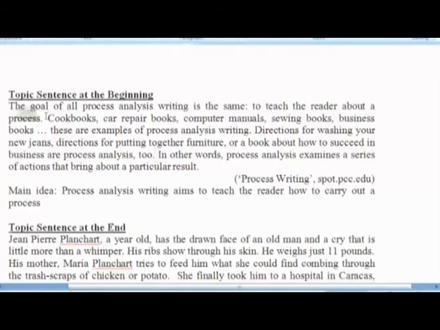So, this is the topic sentence and this contains the main idea of this paragraph. Because this paragraph explains what a process writing is, so if you have to put it in as few words as possible, you just go to the first sentence and you can find the details here.